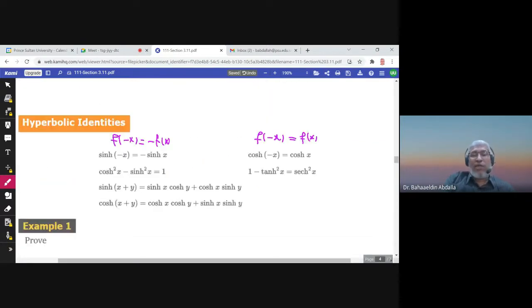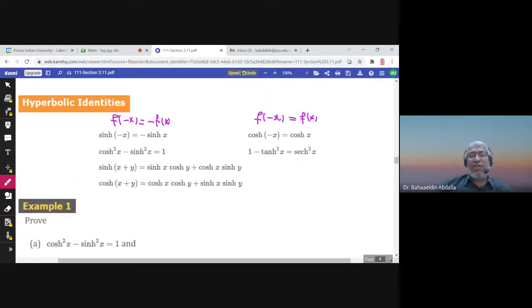Some more identities. This is the famous identity cosh square minus sinh square equals 1, which came from the hyperbola x square minus y square is 1.